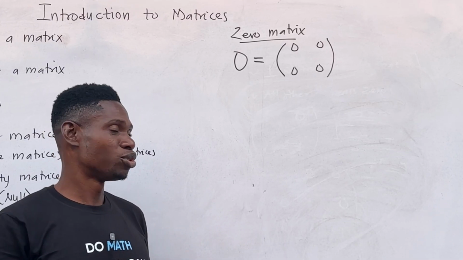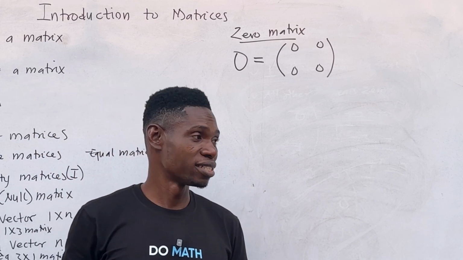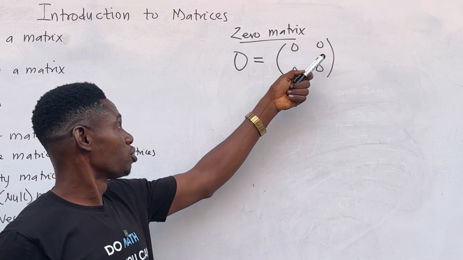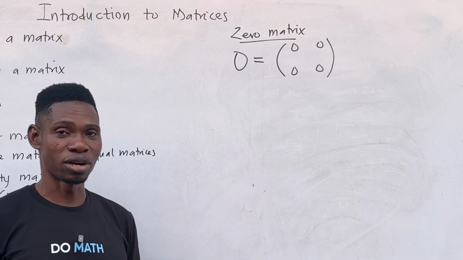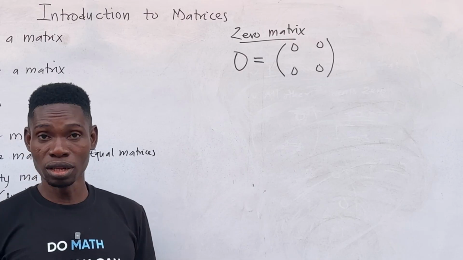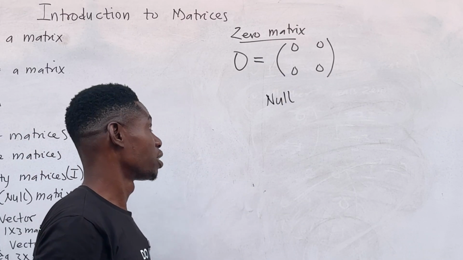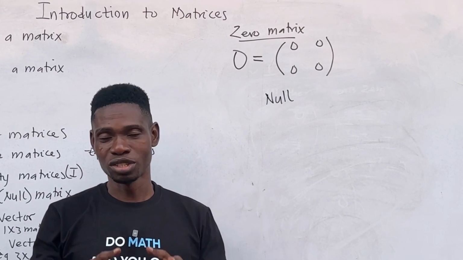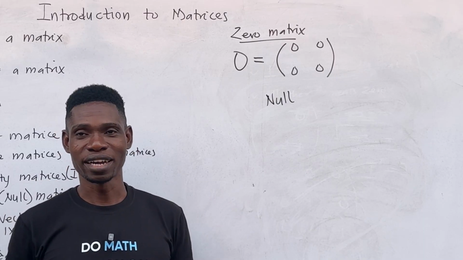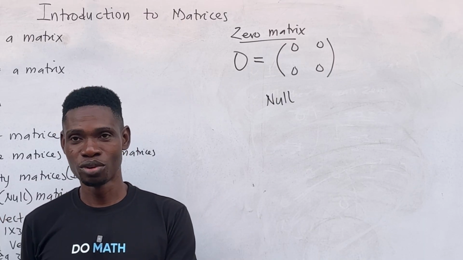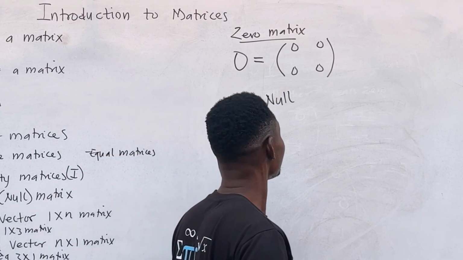So if you add them to another matrix, the answer is that matrix because it makes no difference. So a zero matrix has all the elements 0. That one is simple and straightforward. We also call them null matrices, N-U-L-L. It can be 2 by 2, it can be 3 by 3. So the dimensions don't matter, but as long as all the elements in the matrix are 0, that is a zero or null matrix. So that's straightforward. Let's move on.